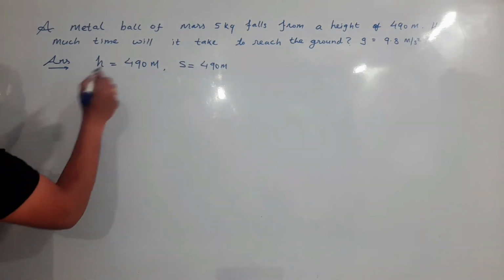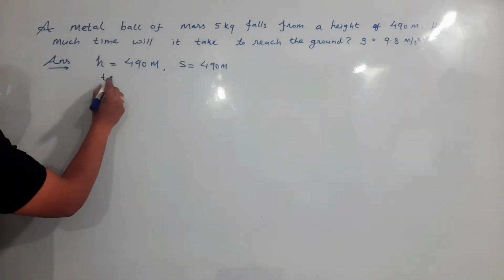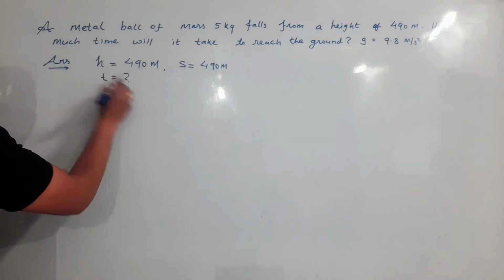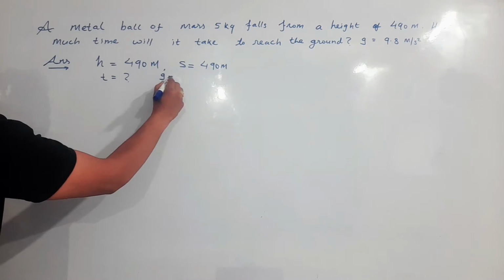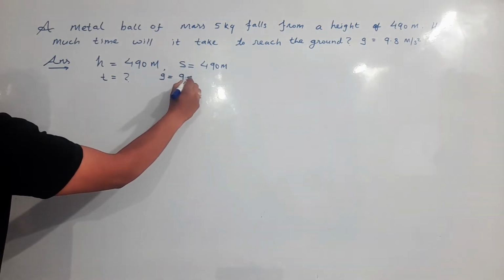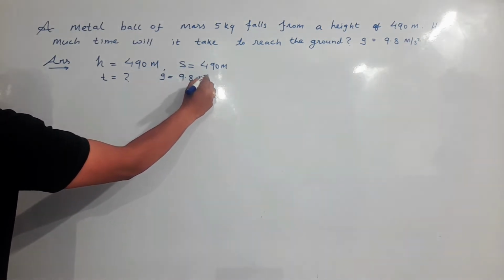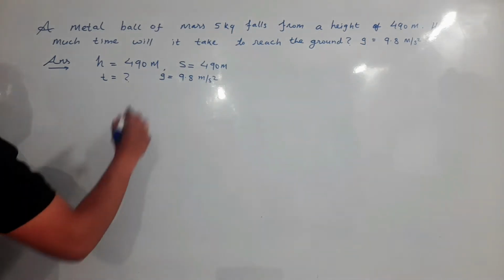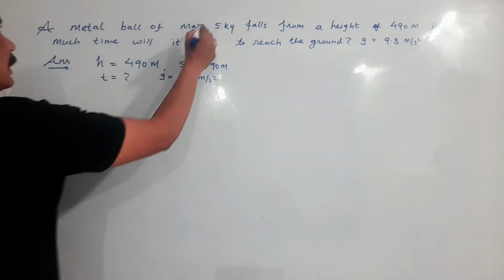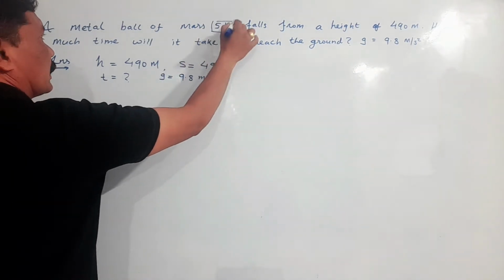My dear student, how much time we have to find out? Acceleration due to gravity g is given to us, and that is 9.8 meter per second square. My dear student, here the mass of the body is given to us, that is 5 kg.